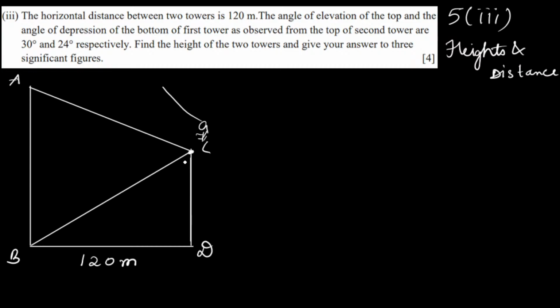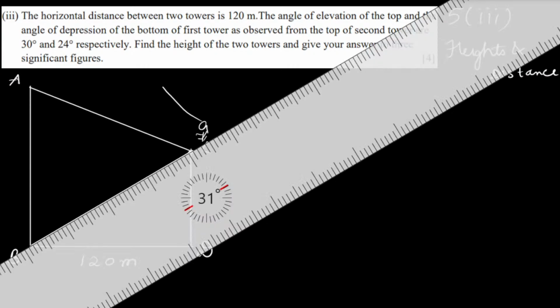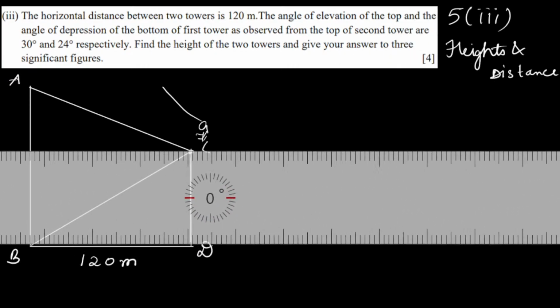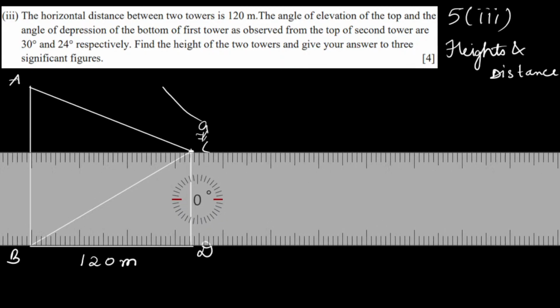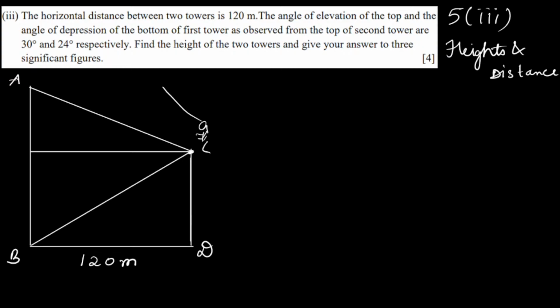We always need a horizontal line, so here also one line has to be drawn. Angles of depression and elevation are always measured with the horizontal line, that's why I have drawn this line.